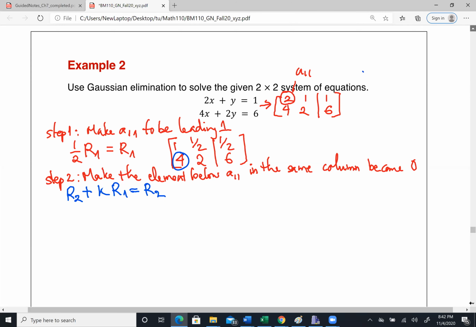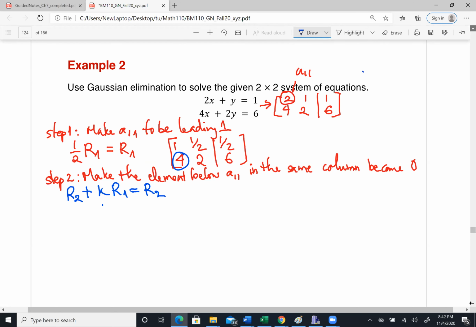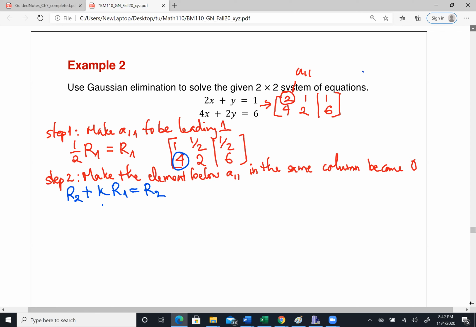Okay, so let's figure out what k is here. Let's work on the side here.